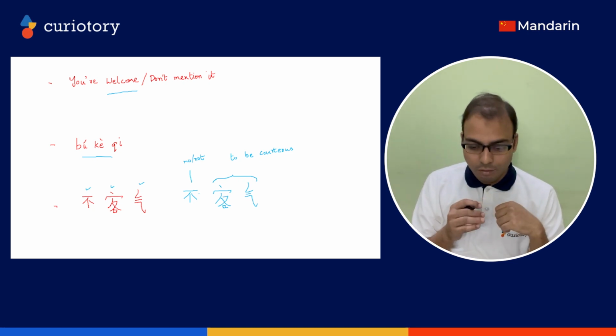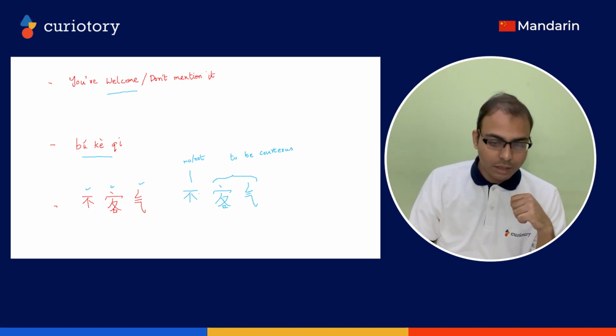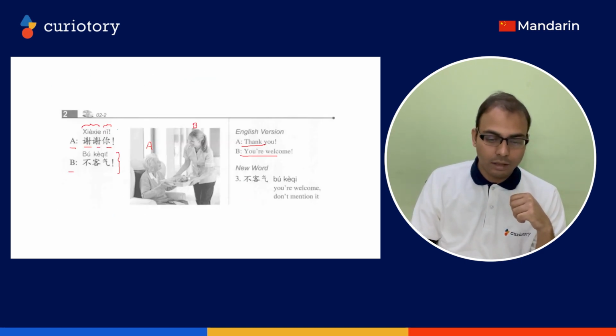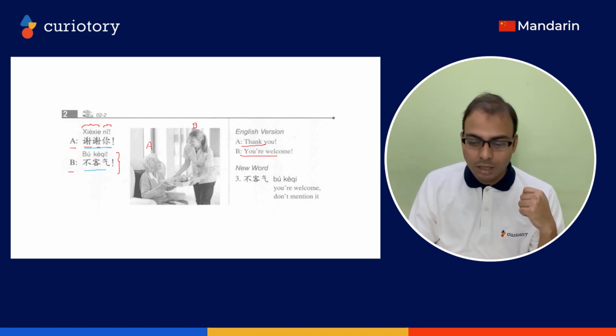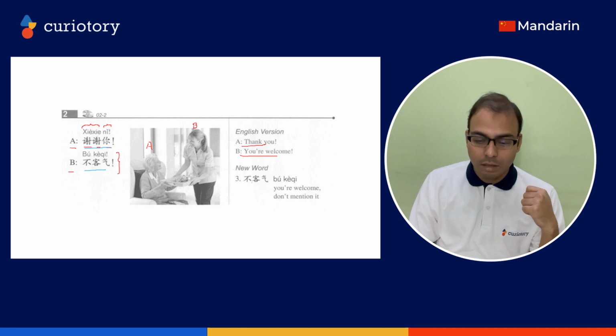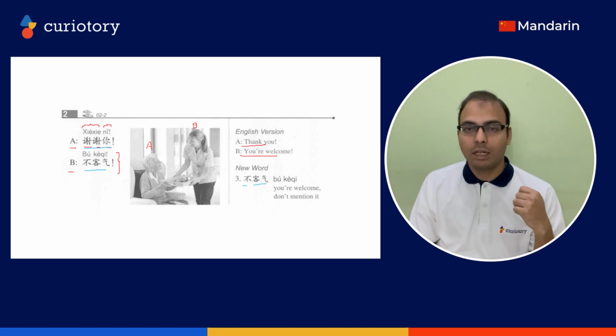So what did we learn here? We learned xie ni. The old lady was saying thank you. And B, the young woman, was saying pu khe chi. And what did we learn? We learned that pu means no or not, and khe chi means to be courteous.